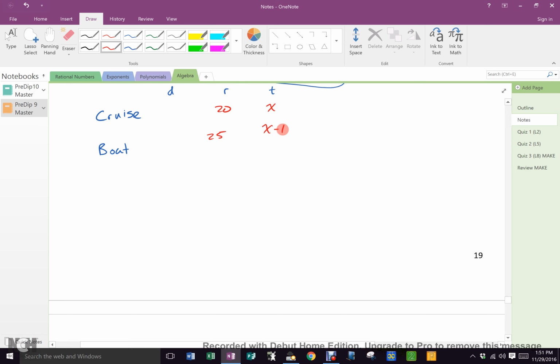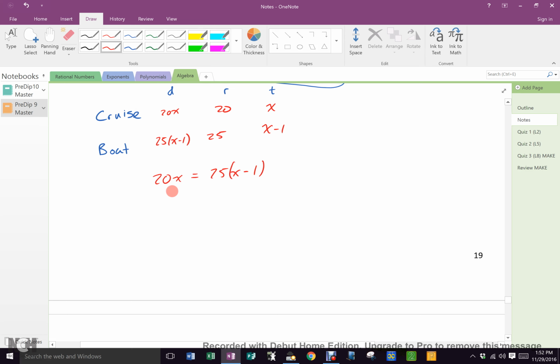They'd be the same, wouldn't they? So this guy's distance is 20x, and this guy's distance is 25x minus 1. And when their distances are the same, 20x must equal 25x minus 1.